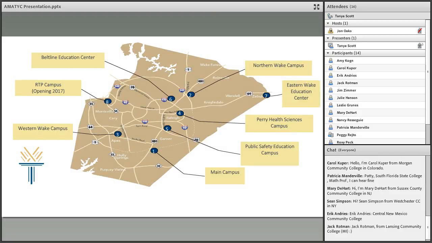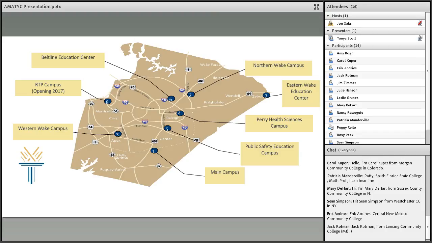Just to give you an idea of our scope of service in the county, we have 8 campuses currently, with a new one being built in what's called the RTP area that's going to be opening in 2017. So we do continue to grow year after year. I think we've doubled in size in the last 5 years.